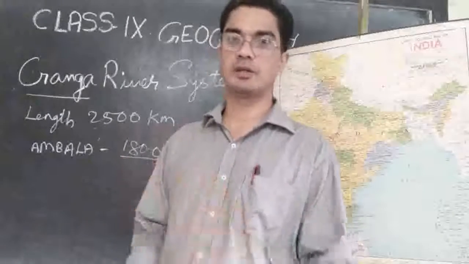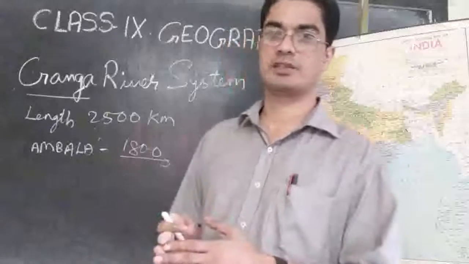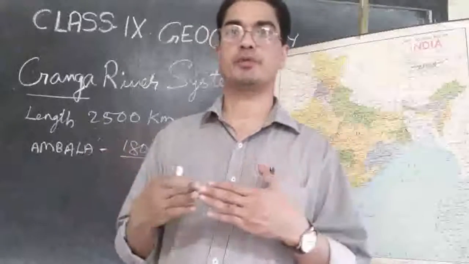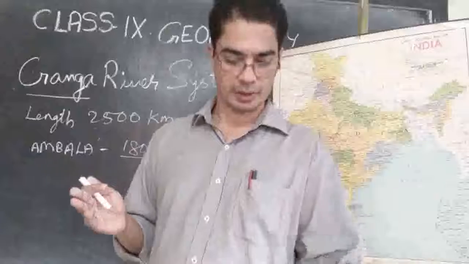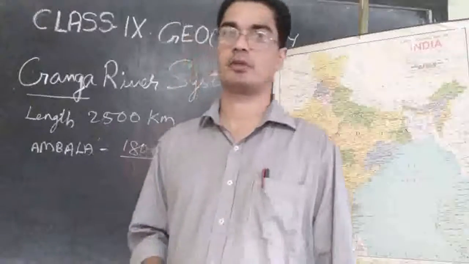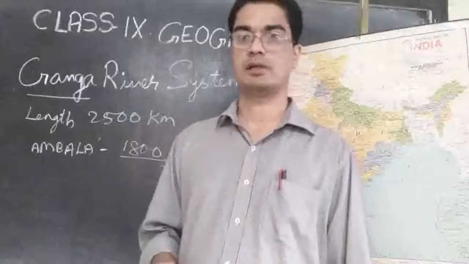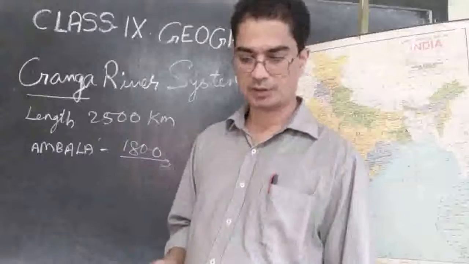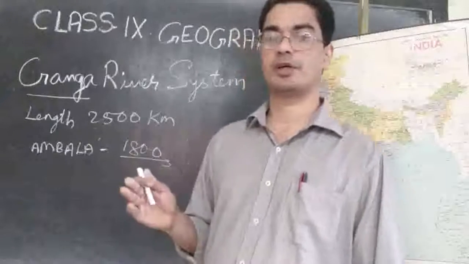One main Ganga will flow into Bangladesh. There it will join Brahmaputra and become the river called Meghna, and then finally it will go to the Bay of Bengal.